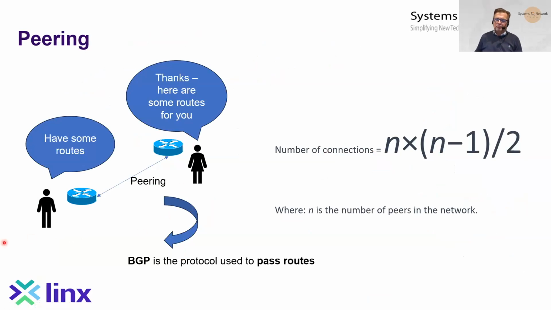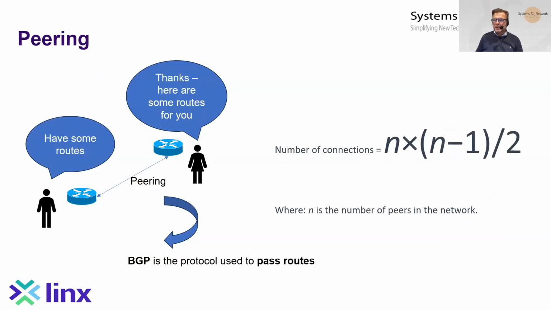So peering, as I'm trying to illustrate here, is a fundamental relationship between an organization's routers. It's something that you do as an internet router belonging to one organization when you want to exchange routes with another organization. You peer with them.